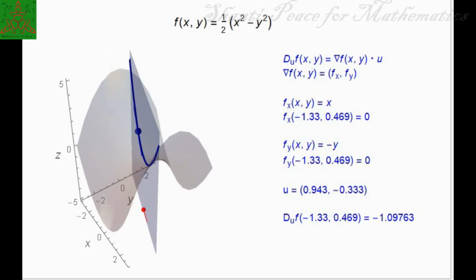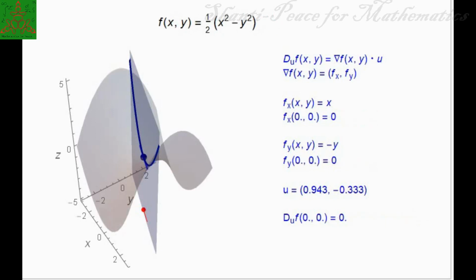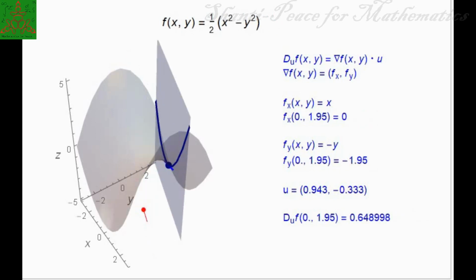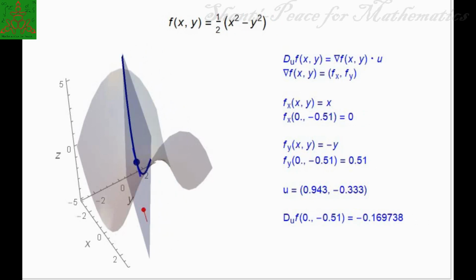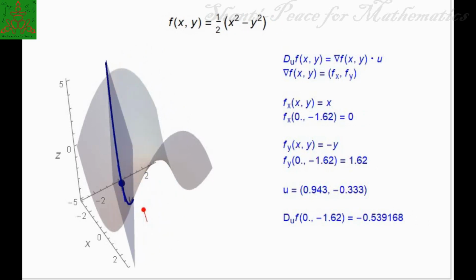If I move this point along that curve only, then the directional derivative is changing. And if I move the point from there, then at that moving point also you will be able to find out the slope of the surface in that direction. So that is what the directional derivative geometrically represents.